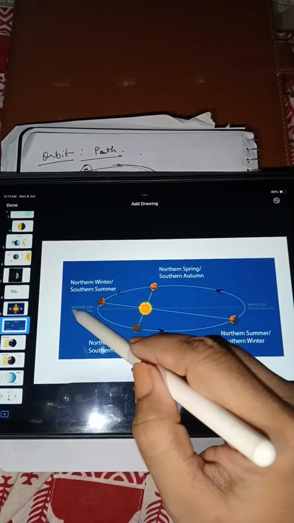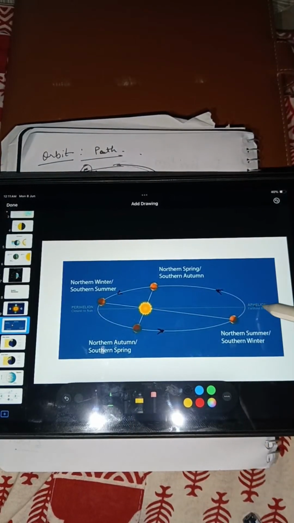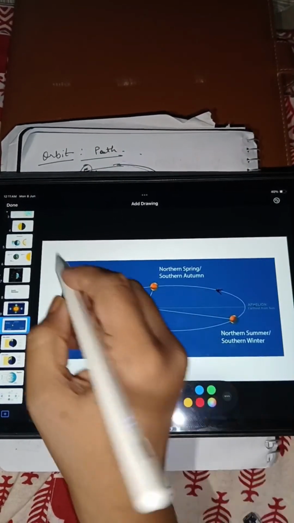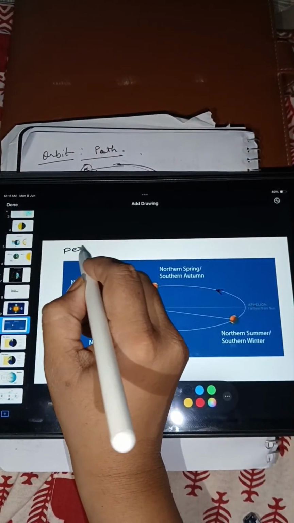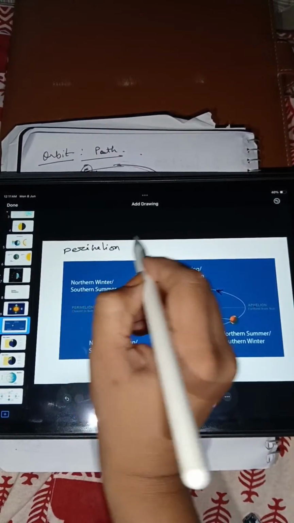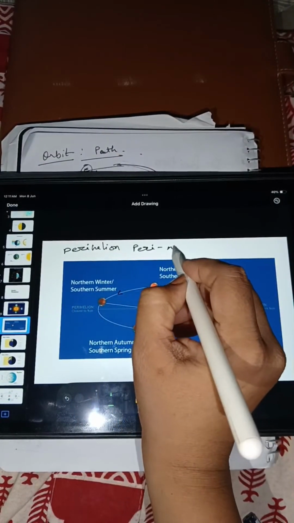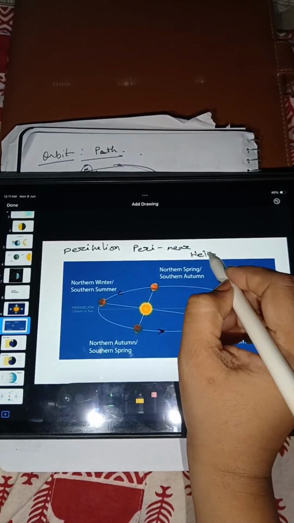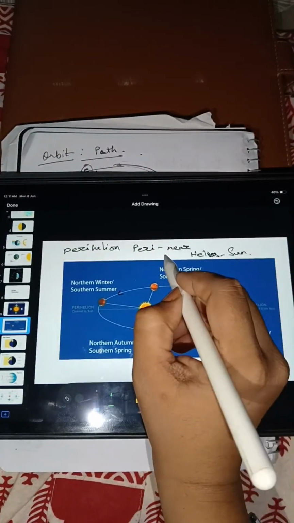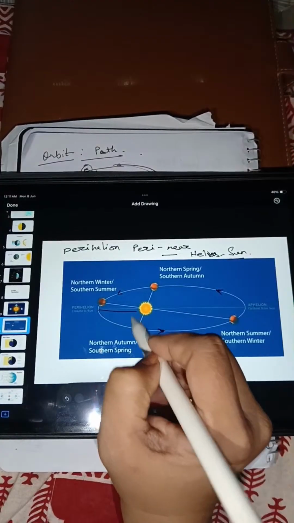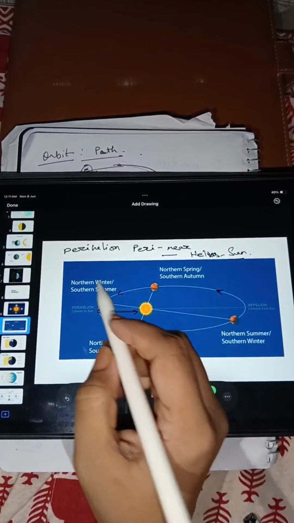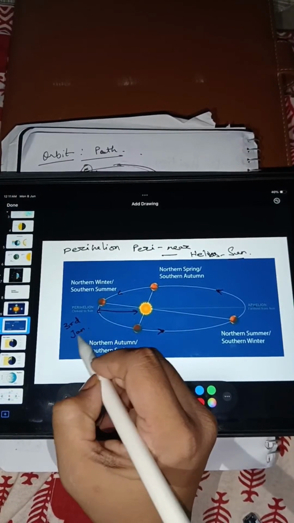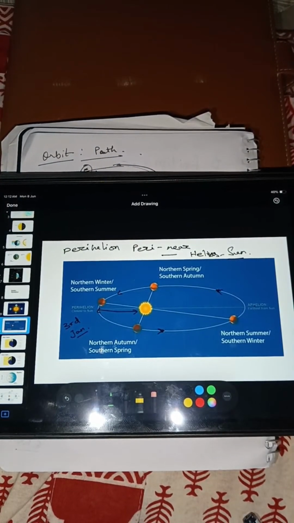So this distance is called perihelion and the longer distance is called aphelion. Perihelion comes from two words: peri, which means near, and helion, from Helios, that is sun. So the near position to the sun is called perihelion, and the earth comes closest to the sun on 3rd January or somewhere nearby.